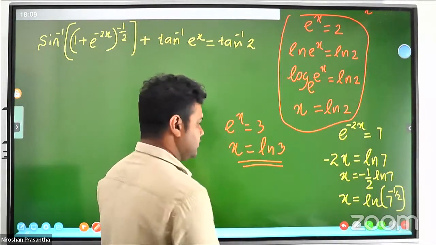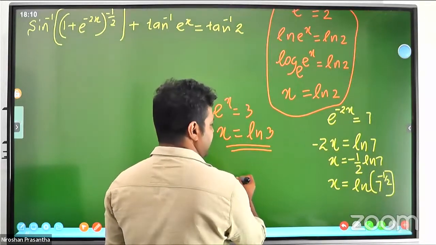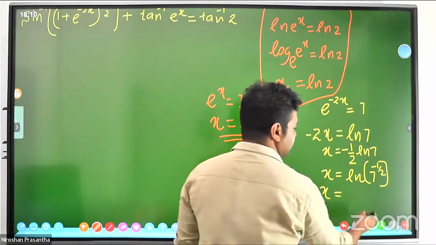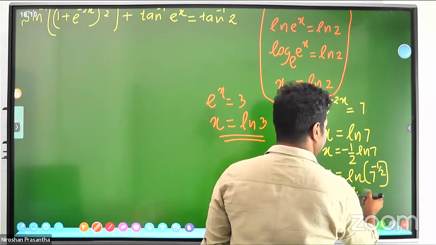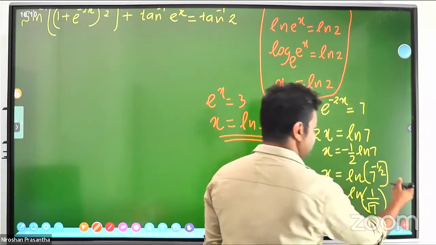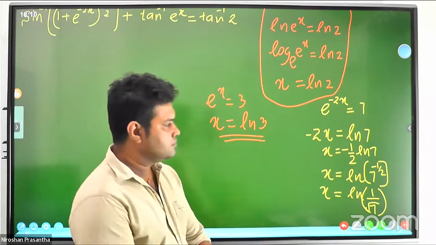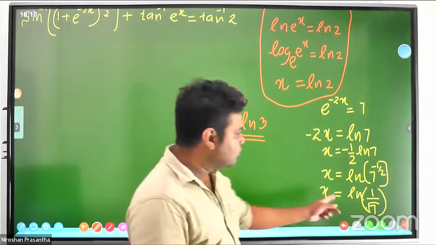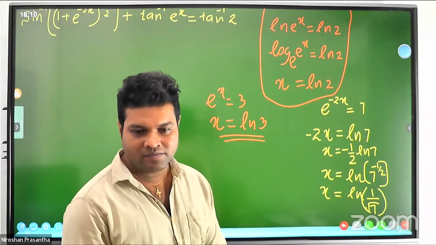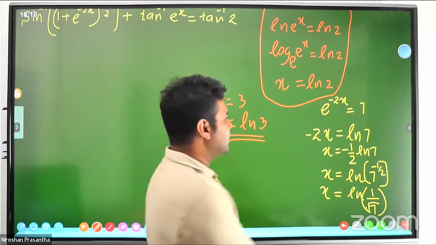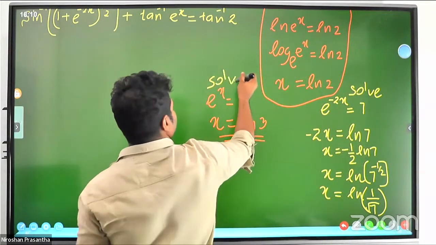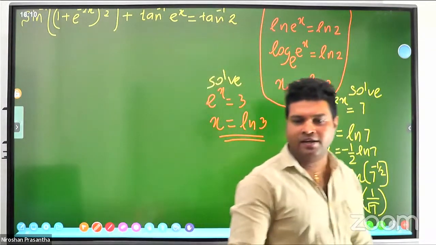And we can simplify and have x equals ln of 1 over the square root of 7, because you know power half is root 7, but negative indexes we can write as positive. Write down. Solve. Directly we can write ln for the e^x.